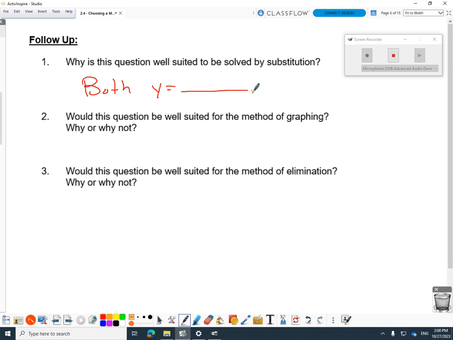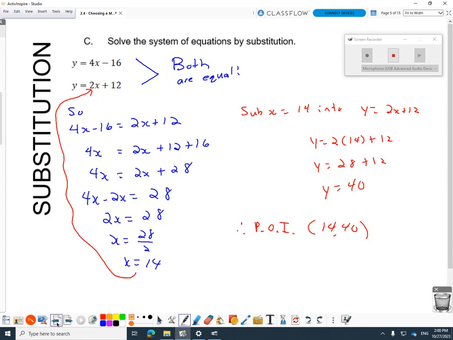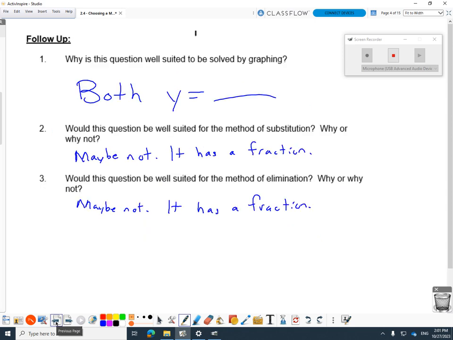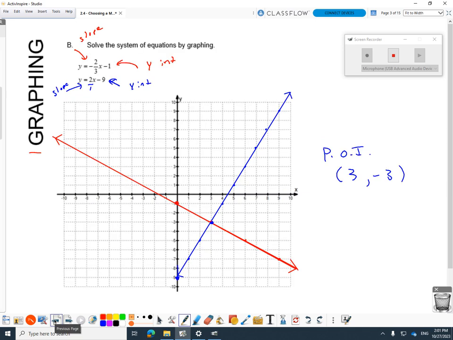Would this be good for graphing? It's okay, but what is it about the answer that would have caused us a problem for graphing? The numbers are too big. If the numbers are big, imagine I tried to graph that. Let me go back to a grid. And the answer was 14, 40. You see what happens? You're like, well, I'll just use a bigger piece of graph paper.